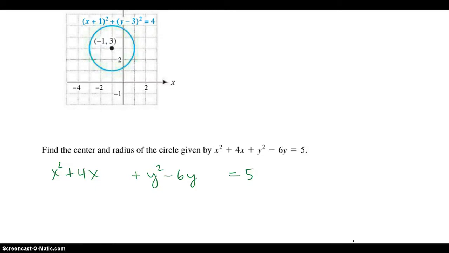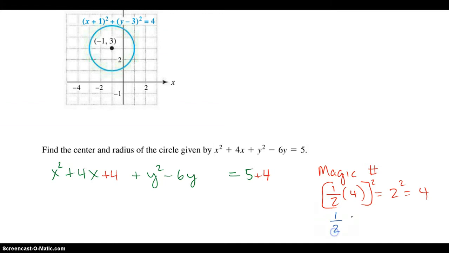Okay, so my next step is I'm going to find my magic number. How do you find the magic number? Do you remember that? Well, for the x's, we take 1/2 of the 4 and we square it. So that would be 2 squared, or 4. So what I want to do is add a 4 to both sides. Let's do the y's in a different color because we also have y's.